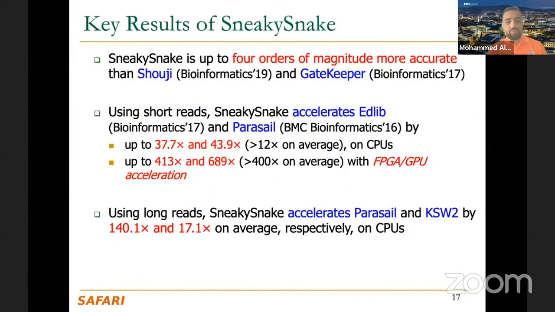Hopefully by that we cover most of the things about SneakySnake. We observe up to 4 orders of magnitude more accuracy than Shouji and GateKeeper. And then we accelerate EDlib, which is one of the best or the best performing implementations of Myers' bit-vector algorithm. They have a lot of configurations for local, semi-global, and global alignment.